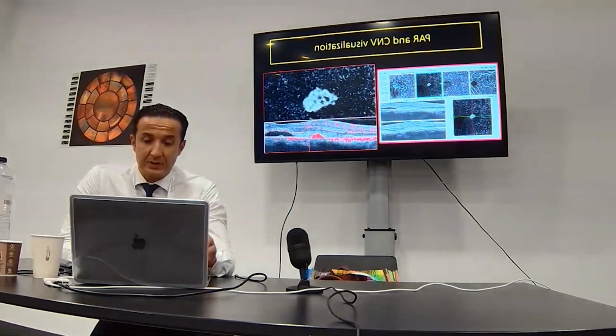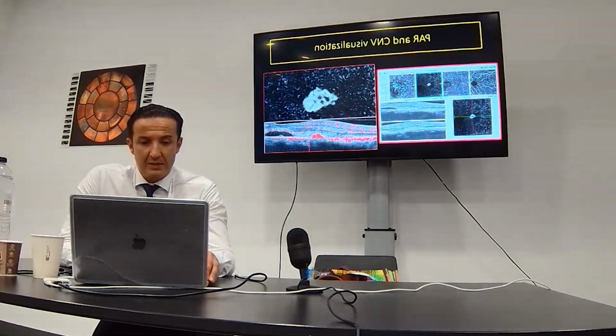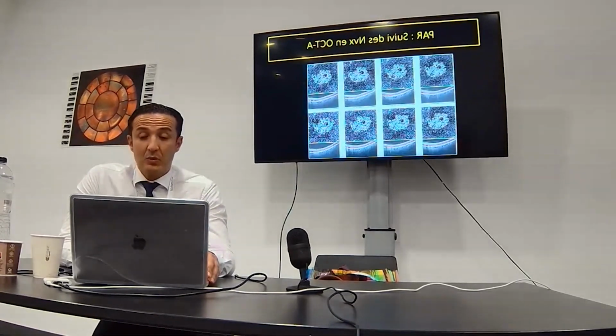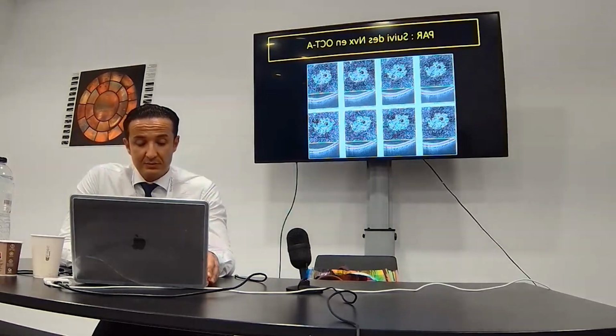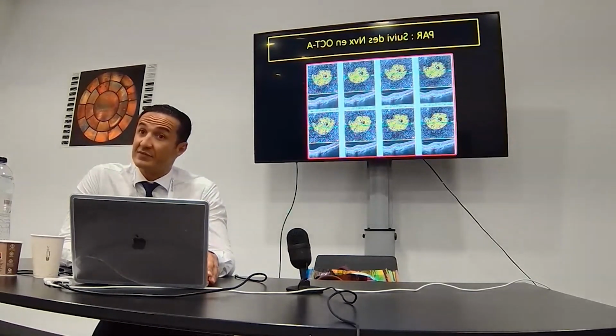And here we can compare with the OCT angiography overlay on the B-scan. So we can isolate the decorrelation signal and improve the follow-up of CNV.